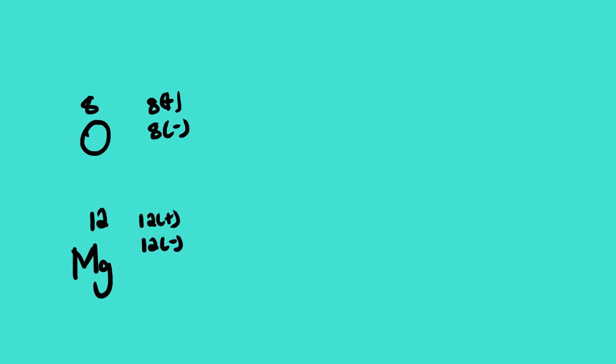So with this information, we can know how to generate O2 minus. How come we have this charge? How did we get to this point?